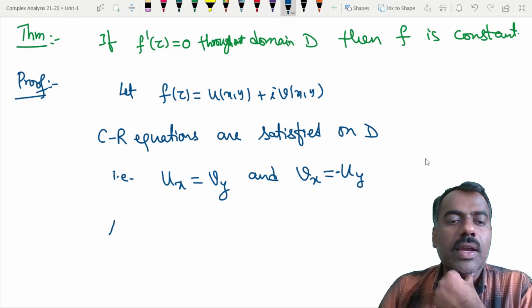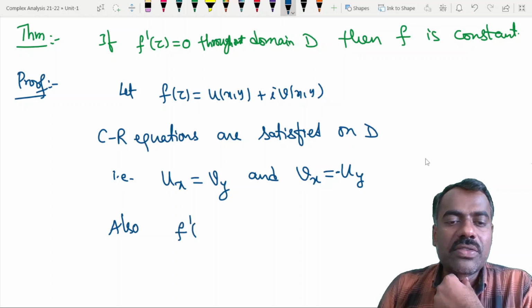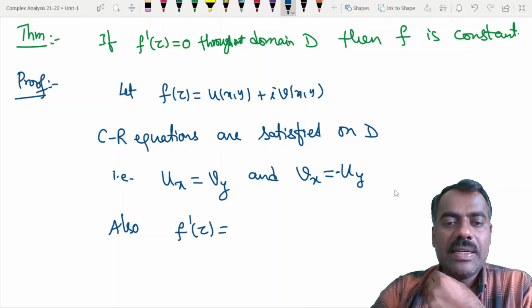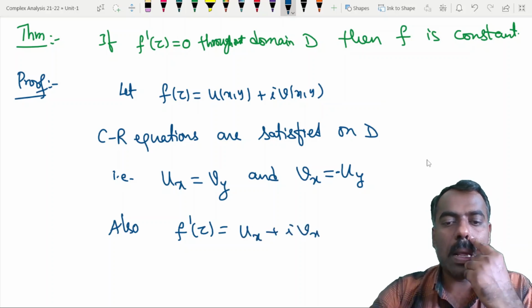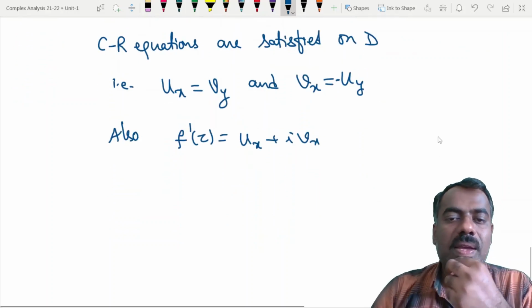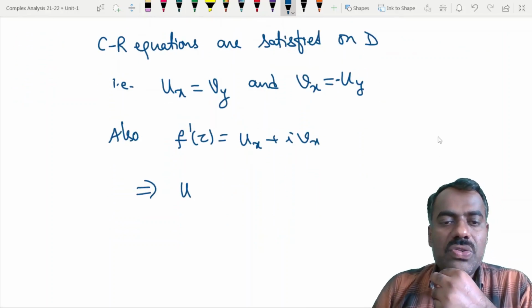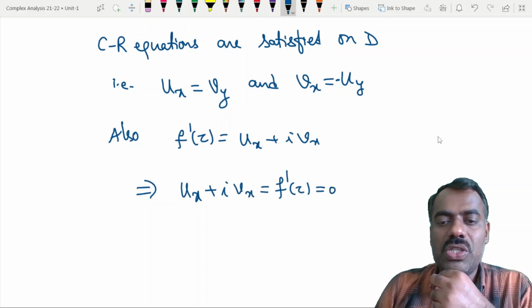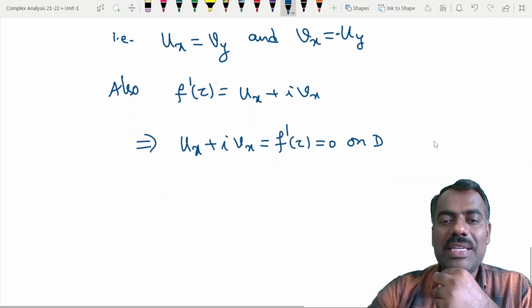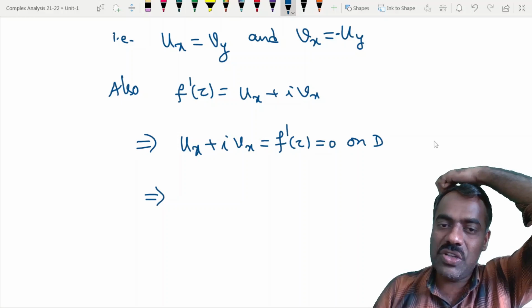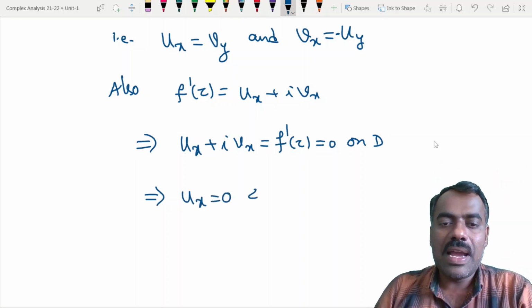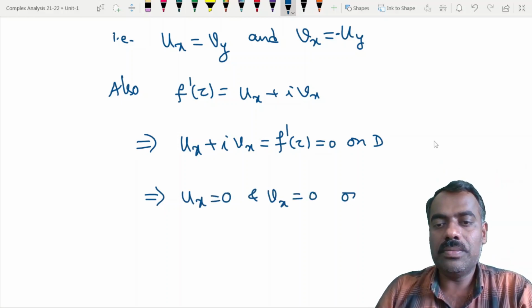Good. Also, what is the value of f dash of z in that case? As we have defined, ux plus i times vx. This implies ux plus i times vx, which is equal to f dash of z, is equal to 0 on the entire D, because f dash of z is equal to 0 is given to us. A complex number is 0 means its real part and imaginary part should be 0.